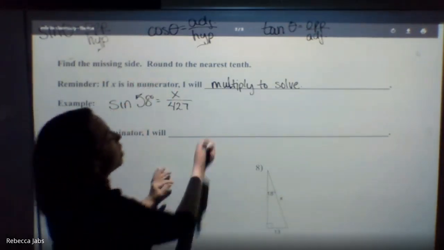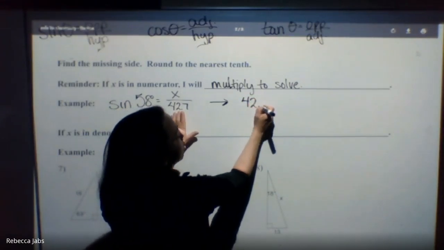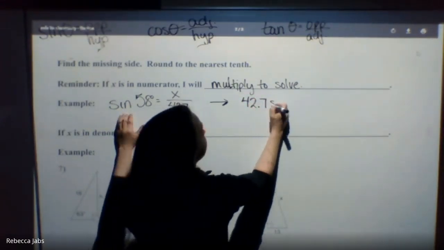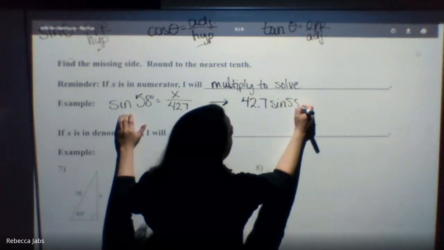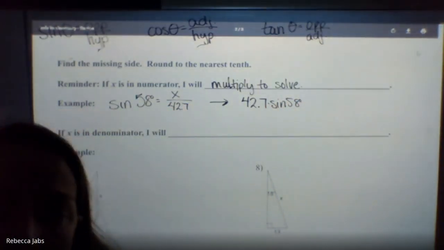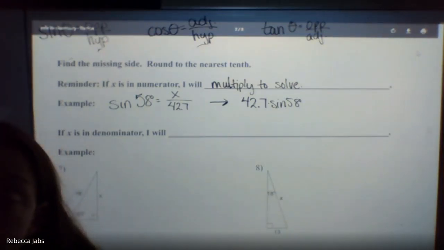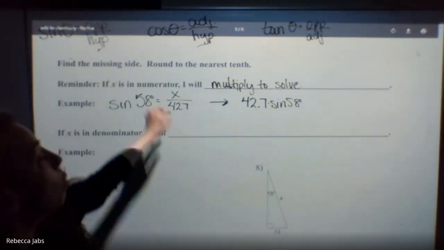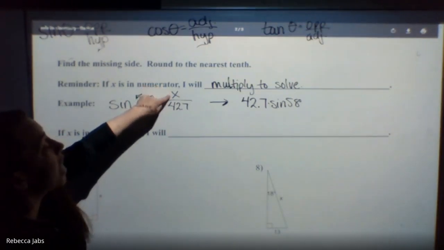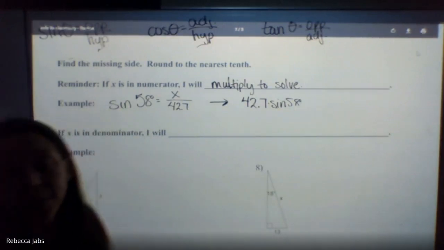So since X is in the numerator, you can honestly just write your number first, but then sine of 58 after it, because that technically means there's a multiplication there, and you would multiply to solve this problem. So when your ratio starts looking like this, to get your answer, you multiply like that.